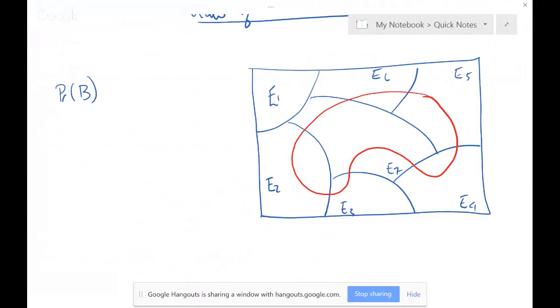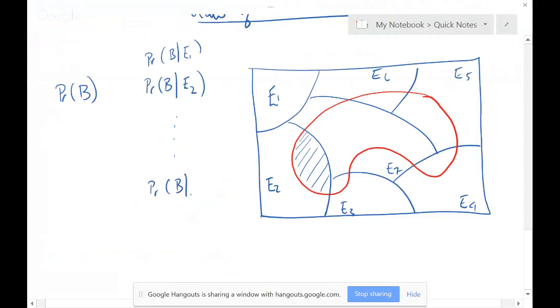So let's say we are able to somehow get the probability of B conditioned on E2, and not only for E2, we're also able to get it for the probability of B conditioned on E1, and so on up to the probability of B conditioned on E7.